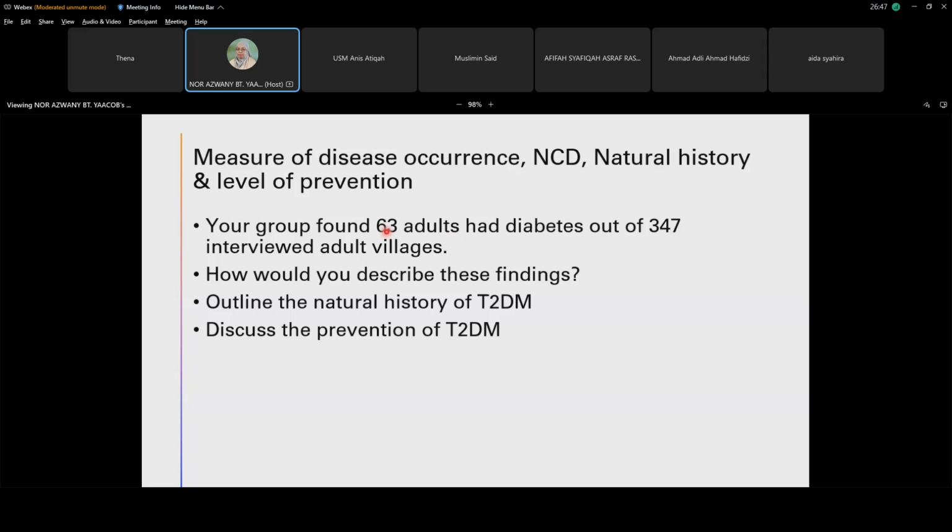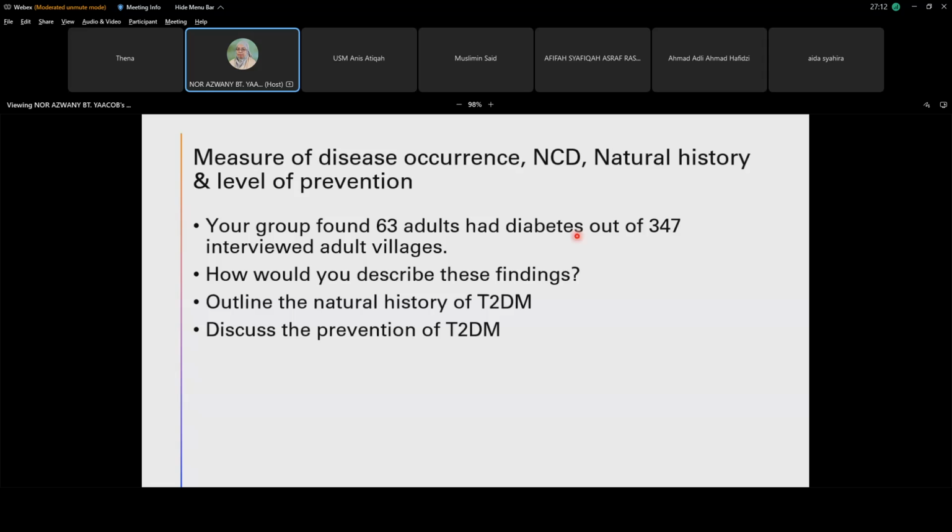So this is how many percent? Because this is diabetes yes or no, it's categorical. So you have to use frequency and percentage. Then how would you describe these findings? Then you have to tell us, okay, you are using frequency and percentage. That means 63 over 347 times 100. Okay.